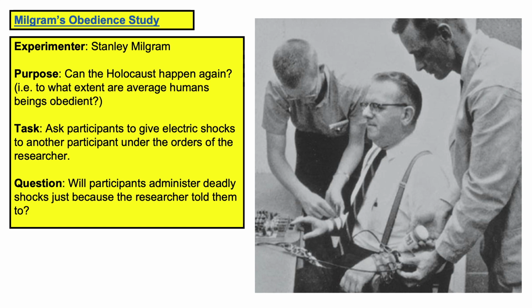Let's look at Milgram's obedience study, which is the cornerstone of the obedience chapter. The experimenter is Stanley Milgram, and he was interested in answering the question whether the Holocaust can happen again, or to what extent average human beings can be obedient. Now, blind obedience, as happened in the German Nazi state in the 1930s and 40s, meant that an entire nation followed a madman into a world war and killed 6 million Jews.